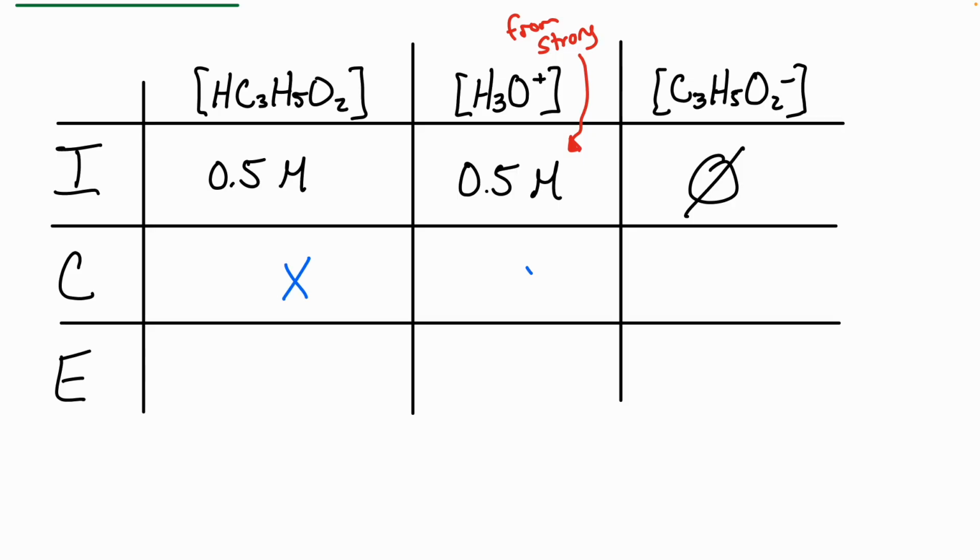That change box, we're going to use that variable x. My reactants decrease in concentration, whereas my products increase in concentration. And to get that E box, I'm going to sum it all up. So 0.5 minus x, 0.5 plus x, and x.